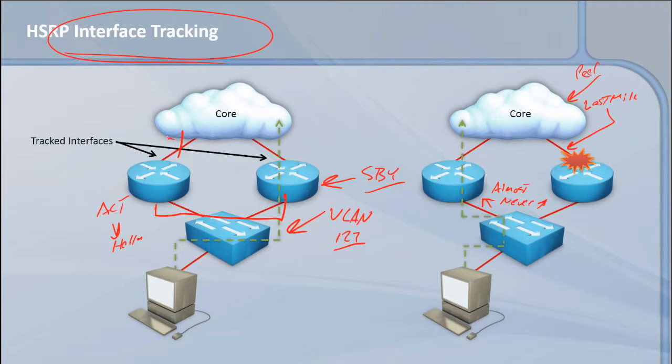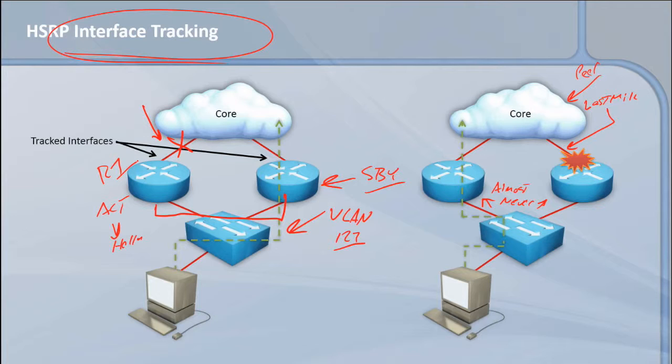Now, there's a problem with this particular digital circuit. My FiOS circuit on router 1 has failed. What's going on with HSRP? He doesn't see any problems. He goes, hey, I'm still here. So as far as we're concerned, all the users are going to send their traffic to R1.